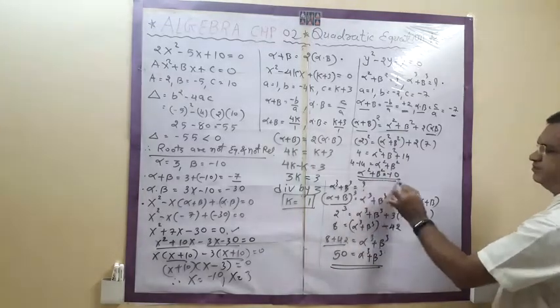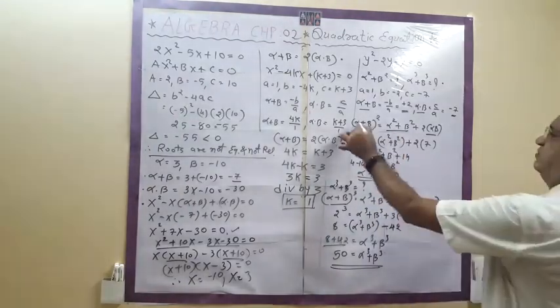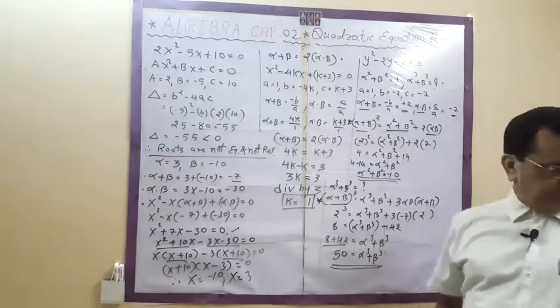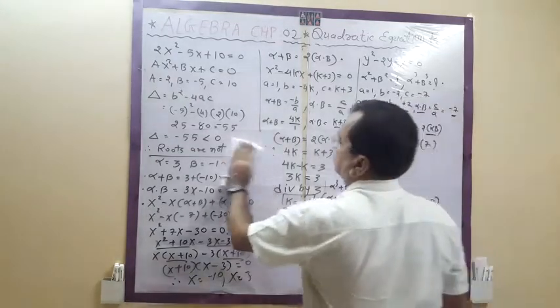So the answer we got. For that you have to remember this formula. This is a very important formula. You will get the photograph, so don't worry, I am dropping this.